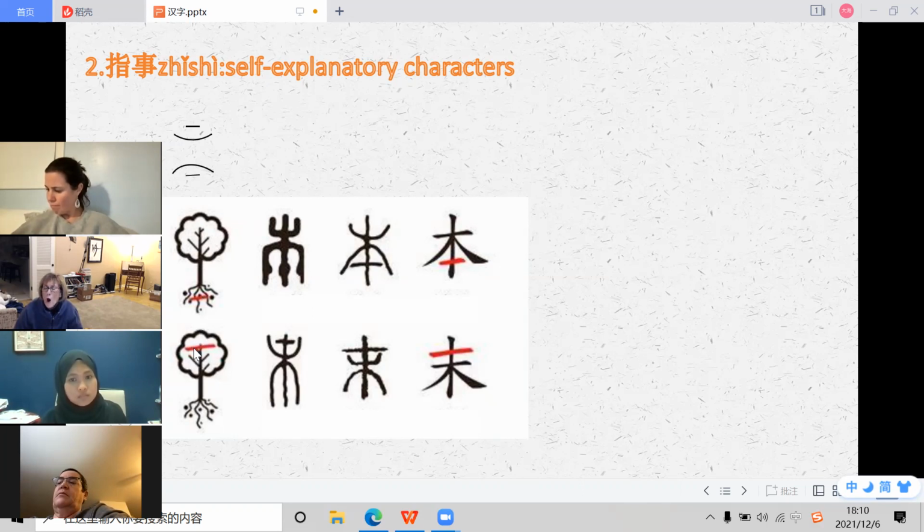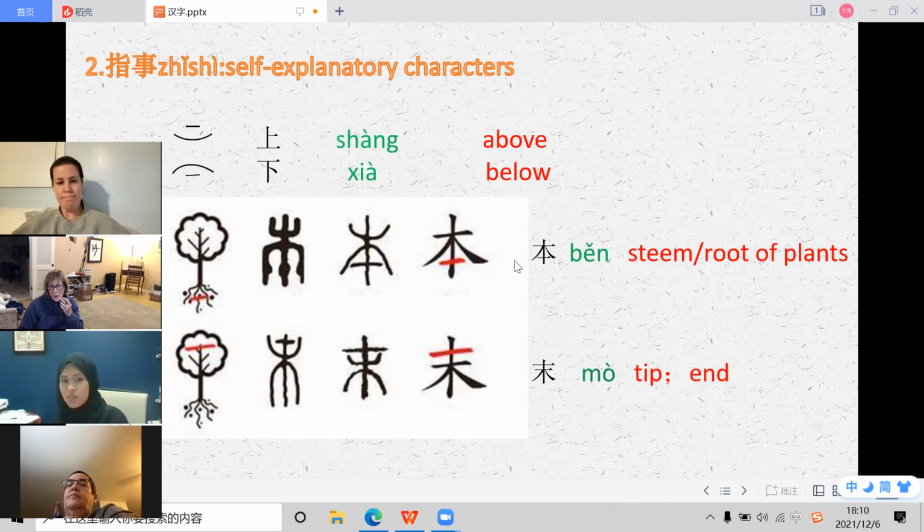Something is used to indicate the tip of the tree. So this is the root, or stem of plants, and this is the tip or the end. This is what we call self-explanatory. It may need us to guess, but it's hard to guess.